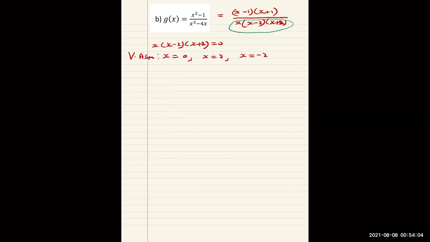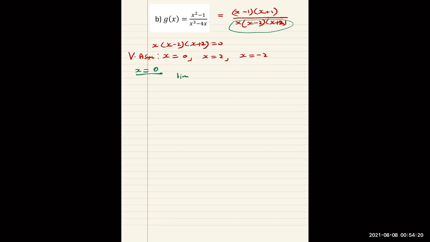So let's work with this first vertical asymptote. Technically the first vertical asymptote would be x equal to -2, but let's work with 0 first. Let's discuss the behavior.